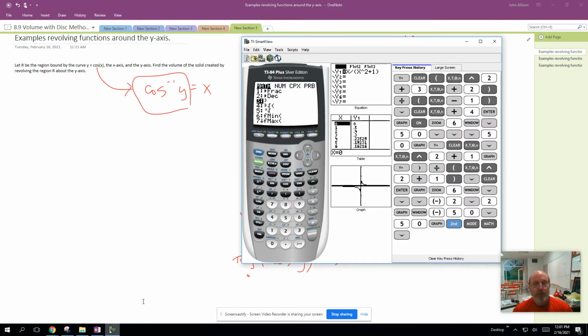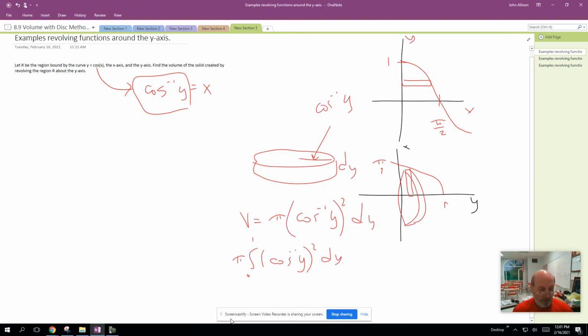Now, my calculator application is frozen up on me on the computer, so I can't use it right now until I restart the computer. But I am going to type this in my calculator. Again, remember when we put it in the calculator, we're going to replace these with x's because that's what the TI-84 understands. So I'm going to do in math 9, integral from 0 to 1.